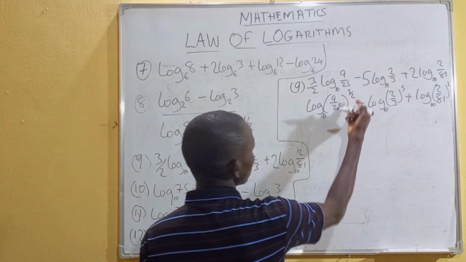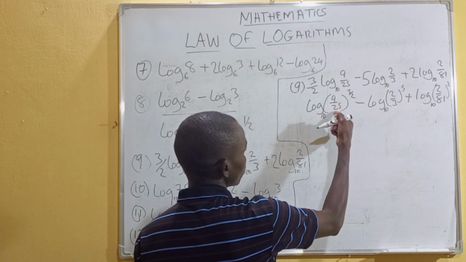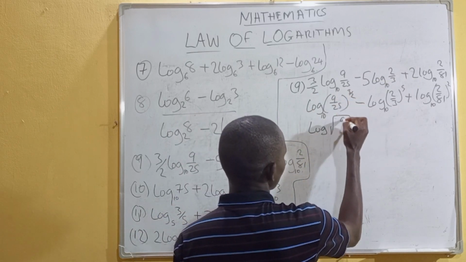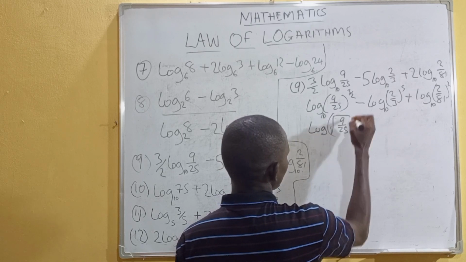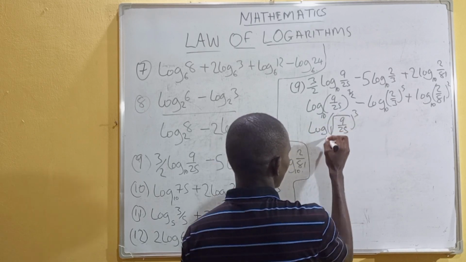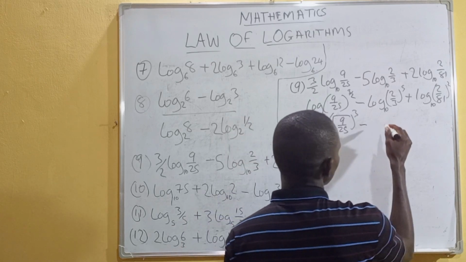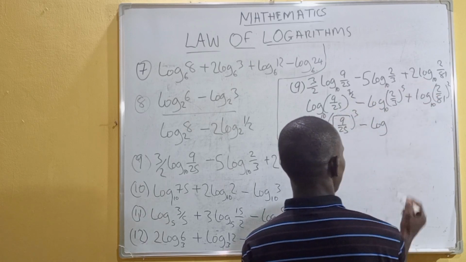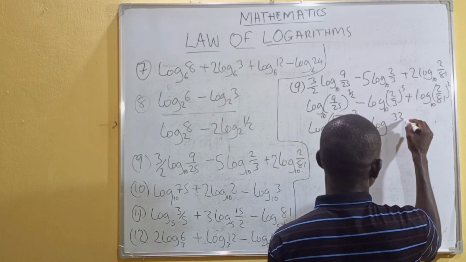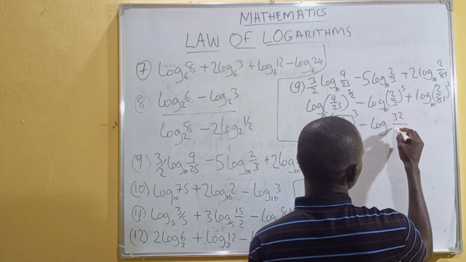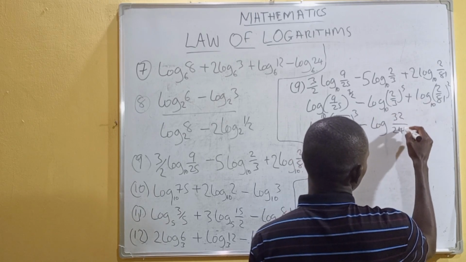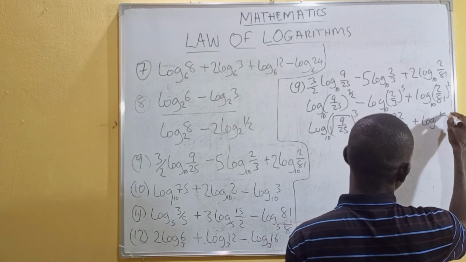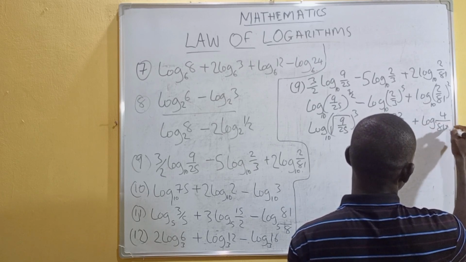With this now be the square root of 9 over 25 all raised to power 3, which is log root 9 over 25 all raised to power 3 of base 10 minus log 2 raised to power 5 will now be 32 over 3 raised to power 5 will now be 243 plus log 2 raised to power 2, 4 over 81 times 81.